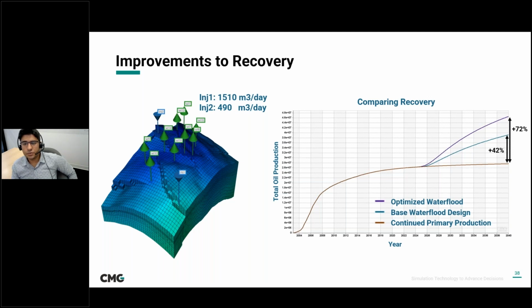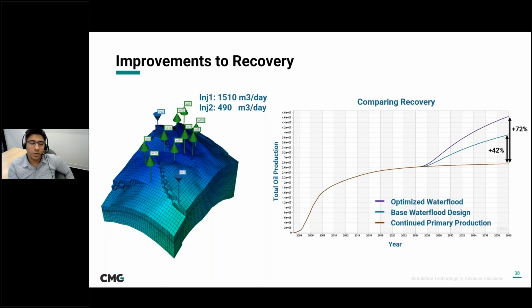We were able to produce close to 40% more oil, but we didn't stop there. We optimized the solution, and we managed to add another 30% on top of the previous 40%. So overall, with an optimum injection scenario, we were able to increase the total oil production by around 70%.